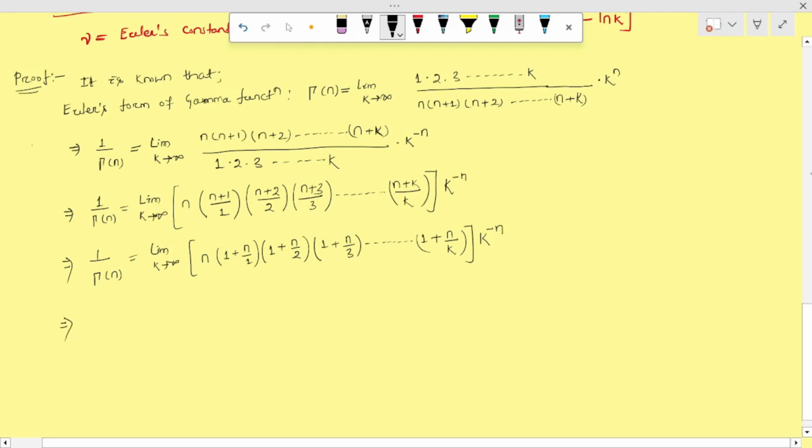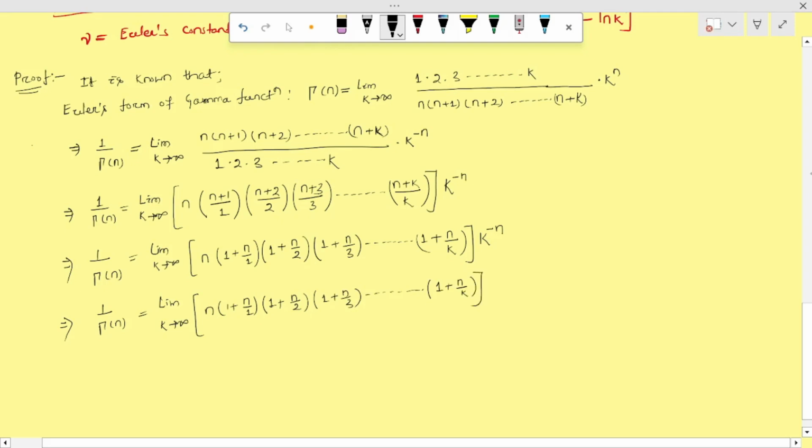Then 1 by gamma n can be written as, carefully, the limit as k tends to infinity of n into 1 plus n by 1 into 1 plus n by 2 into 1 plus n by 3, as written, up to 1 plus n by k.